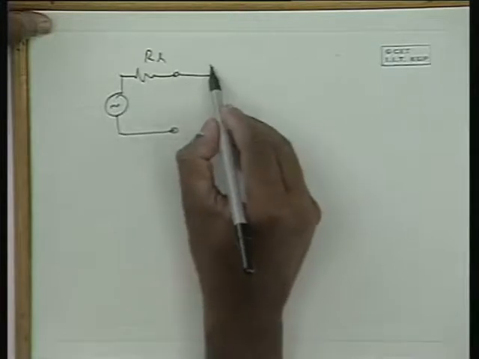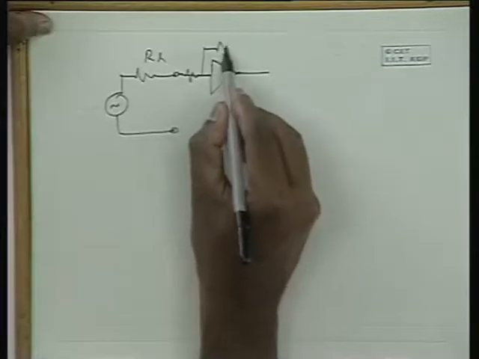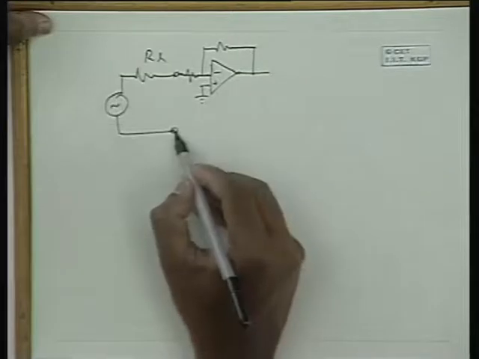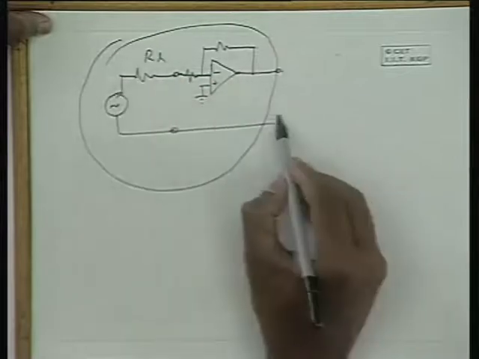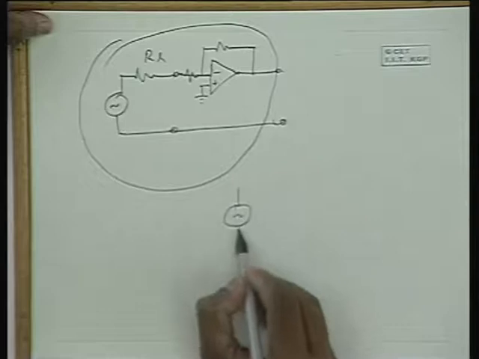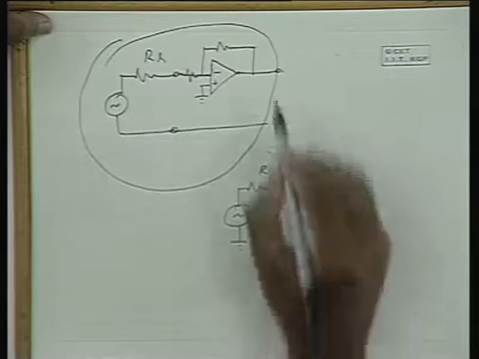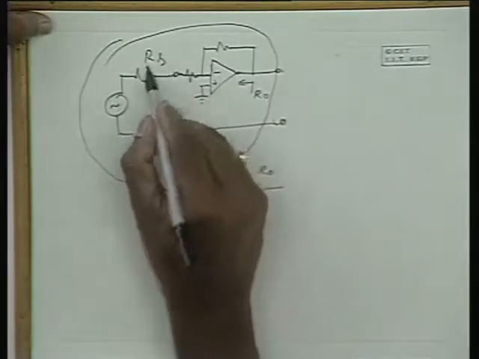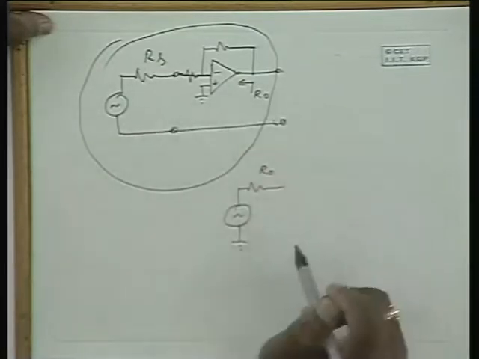Now you can use an op amp amplifier, and at the output, this whole thing can be used as a source with a low output impedance R0, and this R0 is going to be equal to the op amp's R0 itself, not the high source resistance, and you can have voltage gain as well in the circuit.